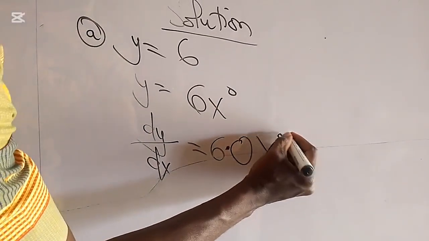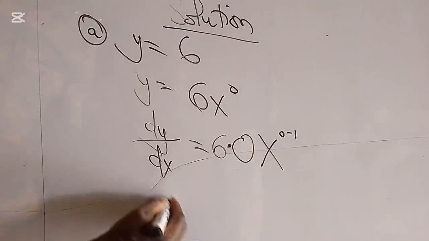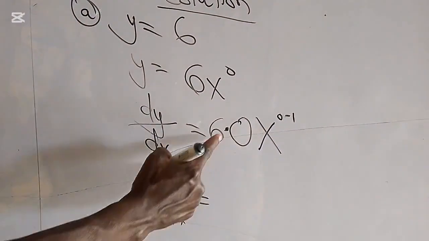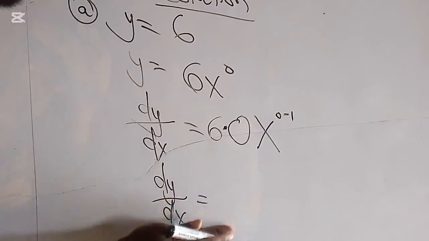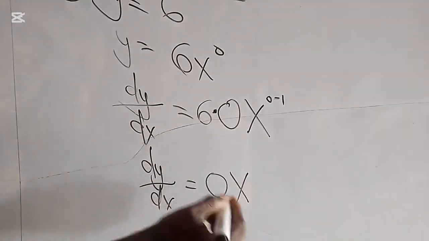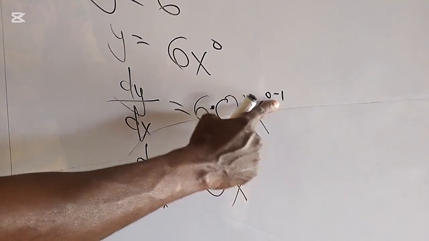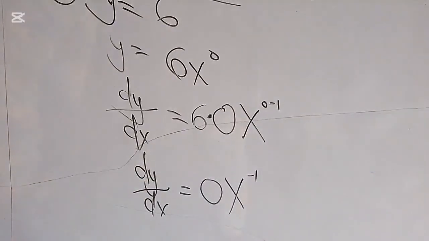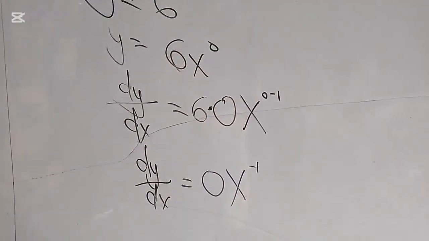So subtract 1. So our dy dx will be equal to 6 multiplied by 0, which will produce 0. You already know that. So x will give us negative 1, x exponent negative 1. So what do we have?